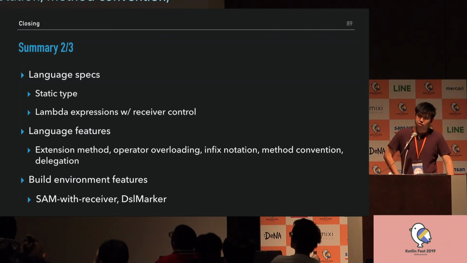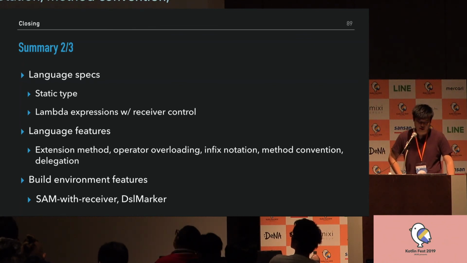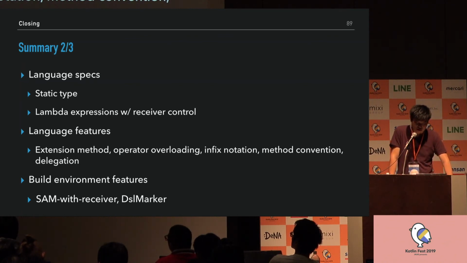I picked up several techniques which support Kotlin DSL and described them based on some categories. Techniques from language specifications are static type checking, lambda expressions, and functions with receiver.